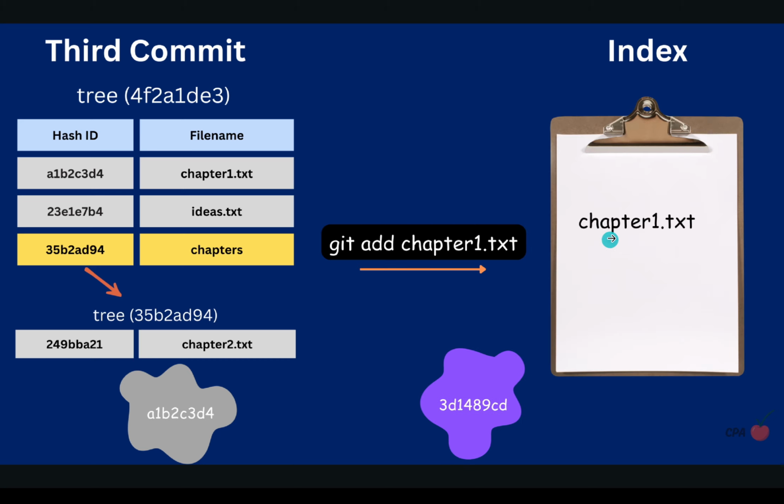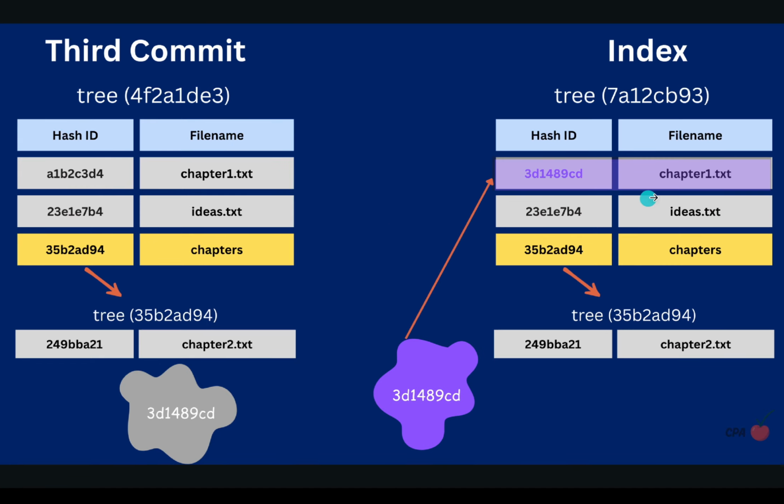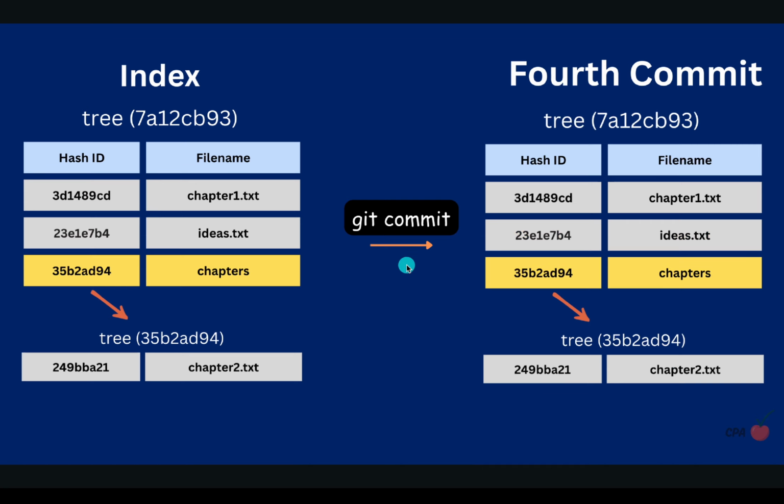So in this case, chapter 1 was modified, so it updates it. But even if we have a new file here, then Git will add a new entry to our tree with that file and its new blob ID. And finally, when we use git commit, so remember now this is our updated tree in our staging area or index, and when we type git commit, Git saves a permanent record of this tree.